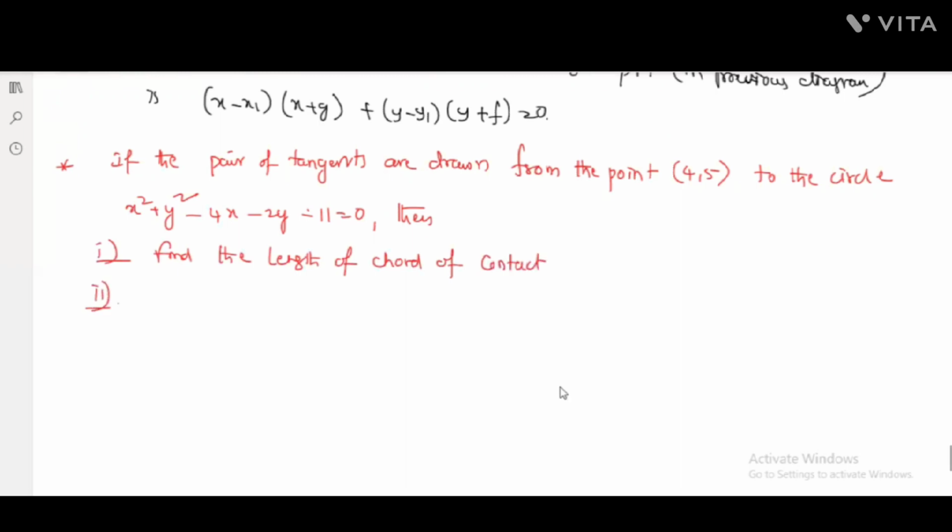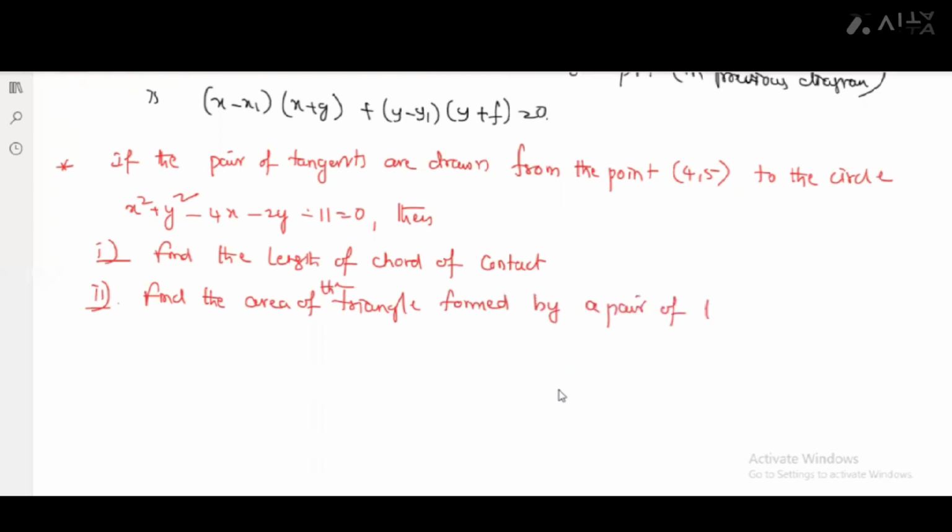Question number 2 under this is find the area of the triangle formed by a pair of tangents and their chord of contact.